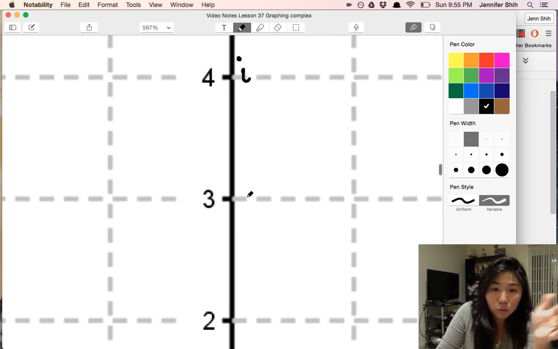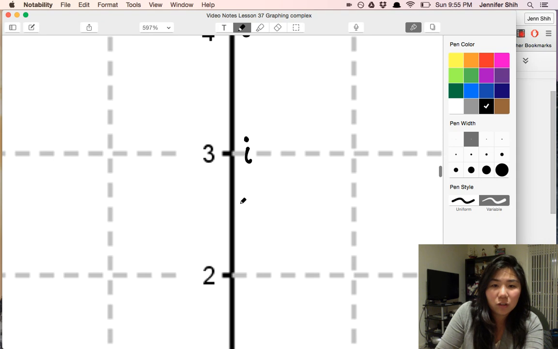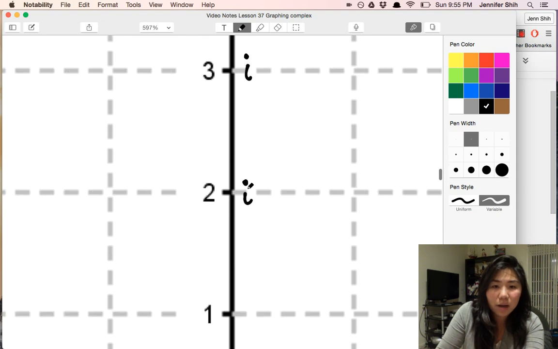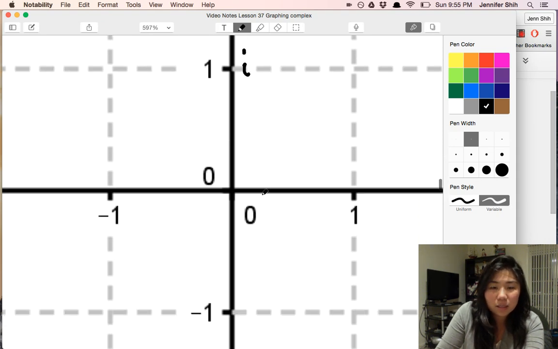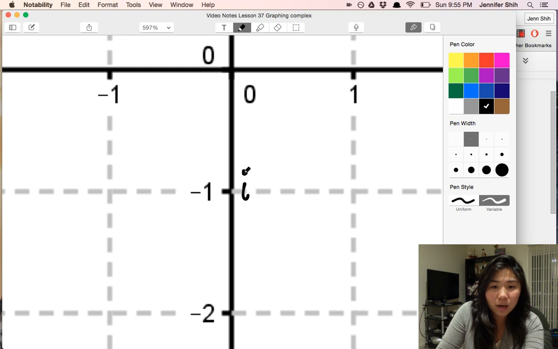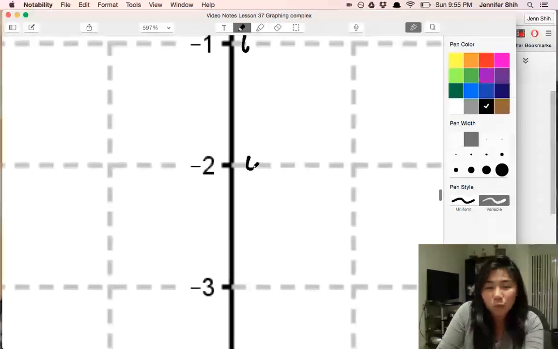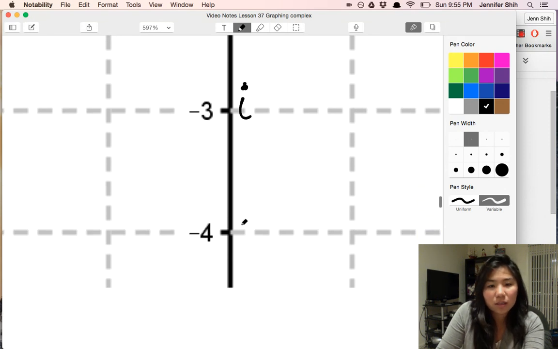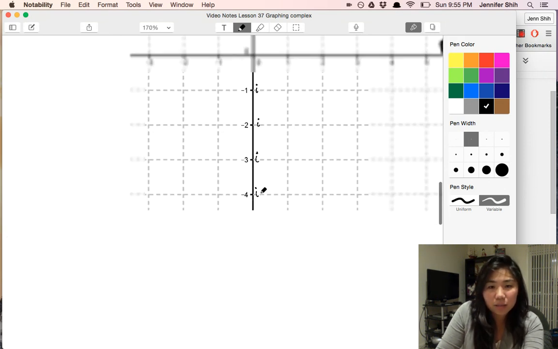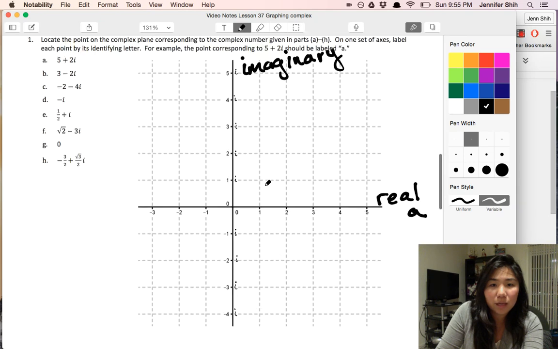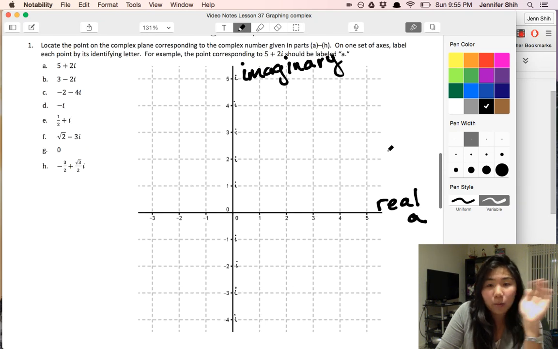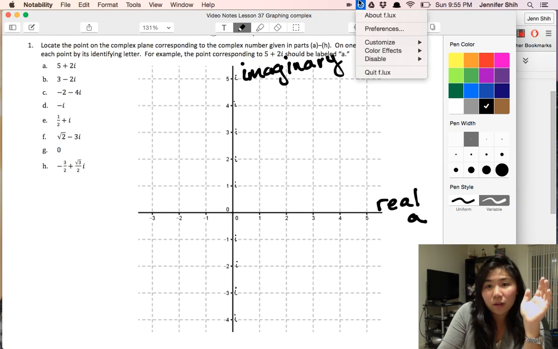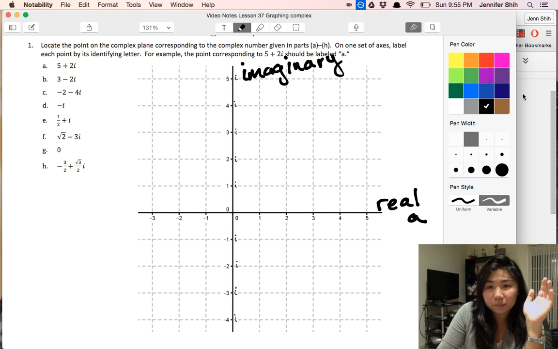This is how our units are going to work. Imaginary units: 3i, 2i, 1i, 0i, negative 1i. I'm going down the y-axis and filling in i next to each of them because this is how we're going to use our complex plane.